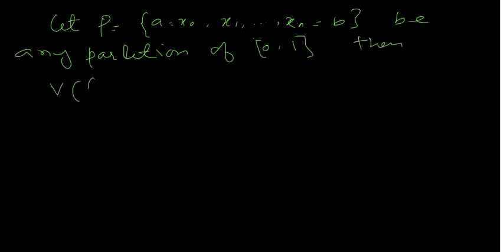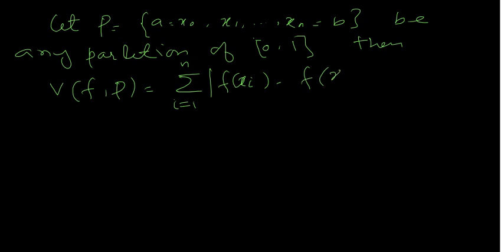Then the variation of f with respect to this partition is equal to the summation, i runs from 1 to n, of the mod of f of xi minus f of xi minus 1.